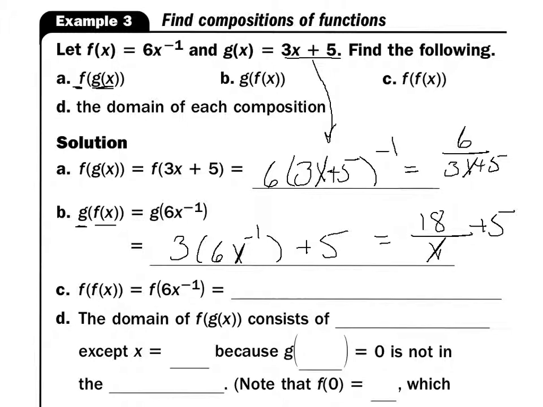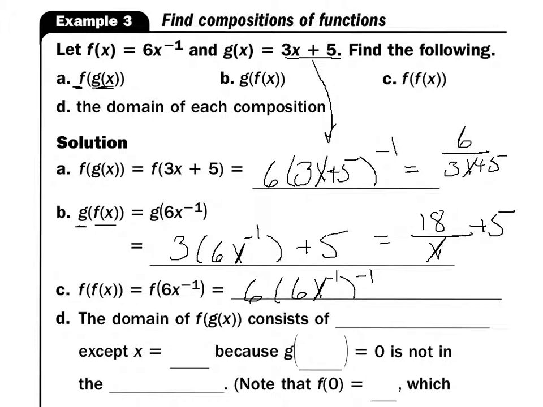Okay. Now I'm going to put f of x inside of f of x. So let's start writing 6, leave a space, to the -1, and then put 6x to the -1 here. That looks a little complicated, doesn't it?